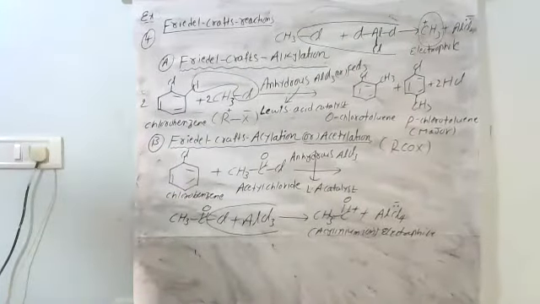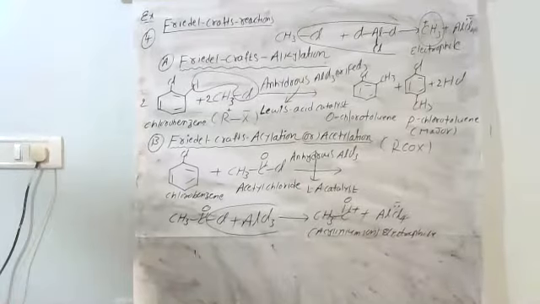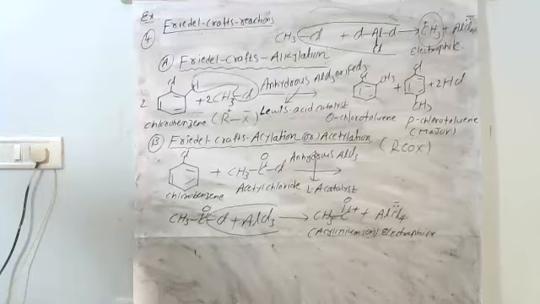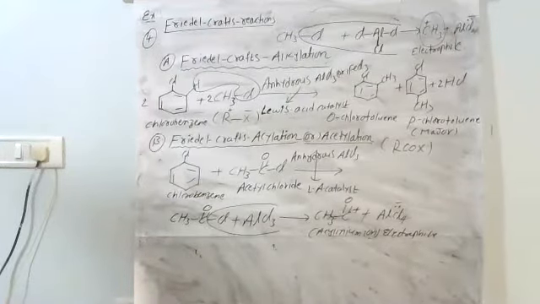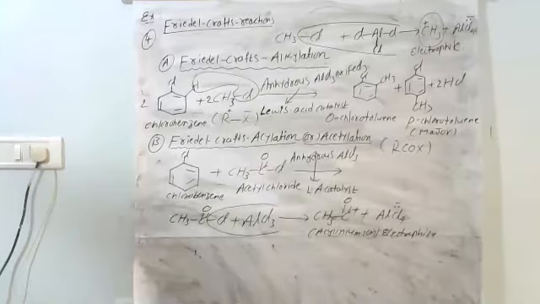Now that electrophile bonds or attacks at the ortho and para positions. Same as before, all electrophiles attack only at ortho and para positions. Let's see what products we get there.